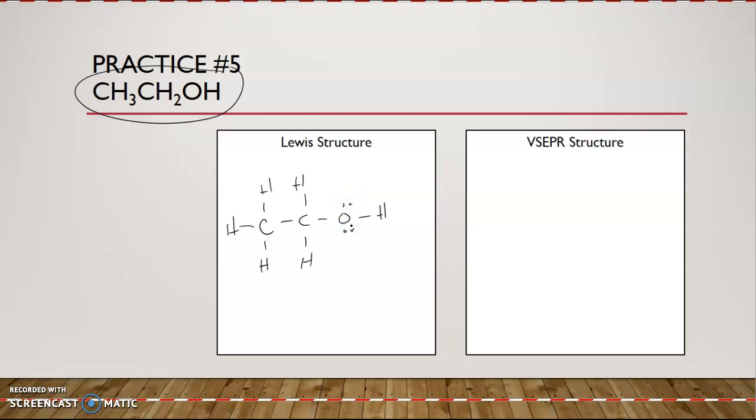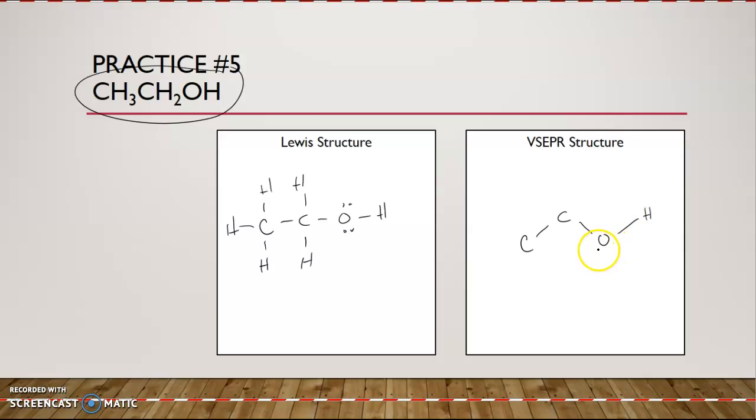So I can tell right away that it's asymmetrical. When I try and draw this, it's going to look a little strange, so I'm going to draw my carbon backbone first. So carbon to carbon. I'm going to go ahead and give my oxygen here, and then my hydrogen.